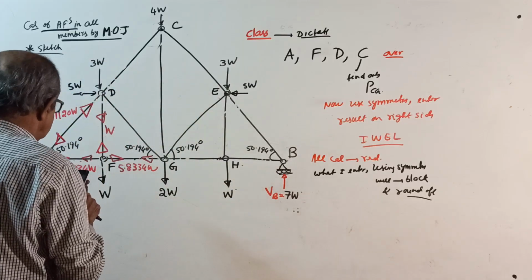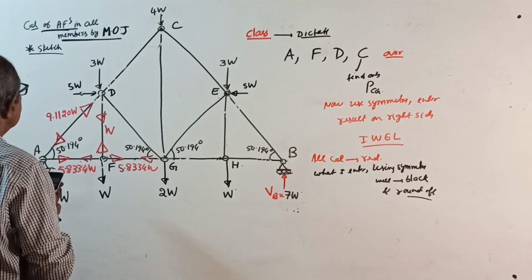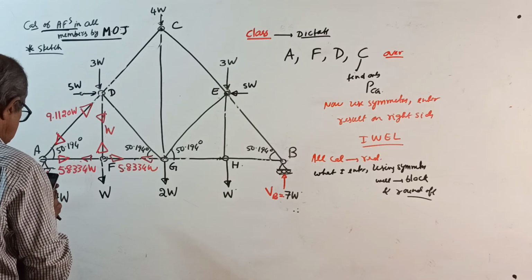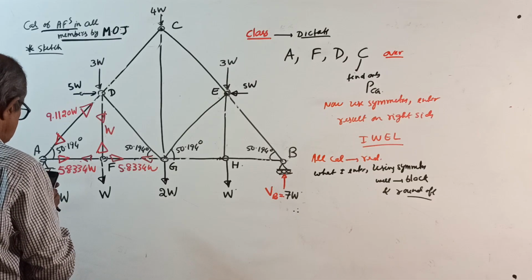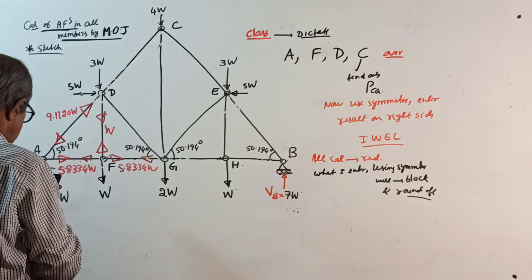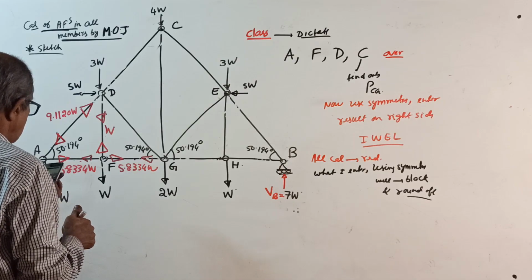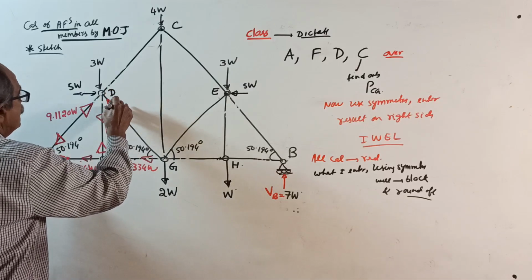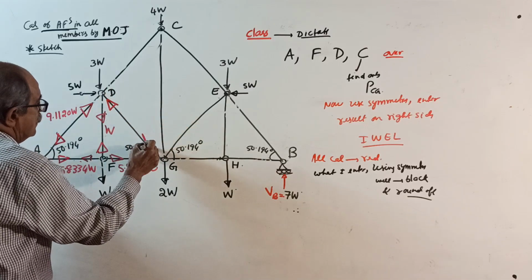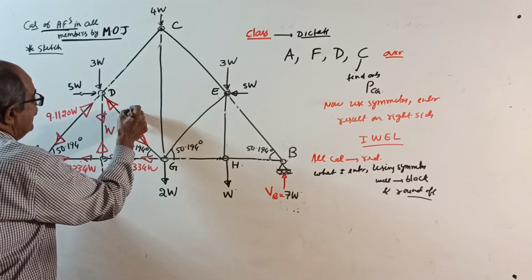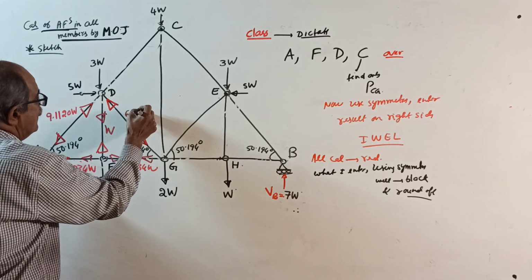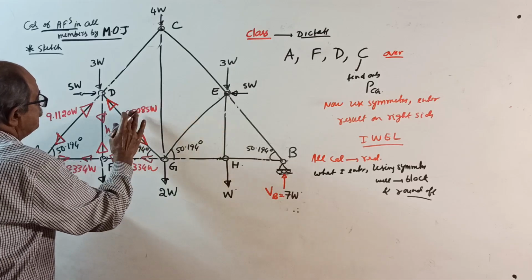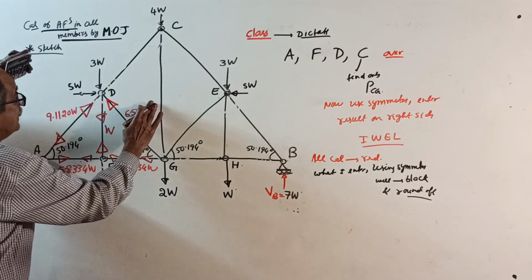Okay, done. 6.5085W. Over. That's all. See. Here, this member. If I write that, it will come on that member.